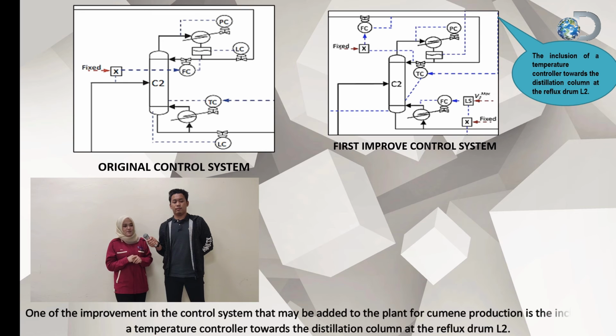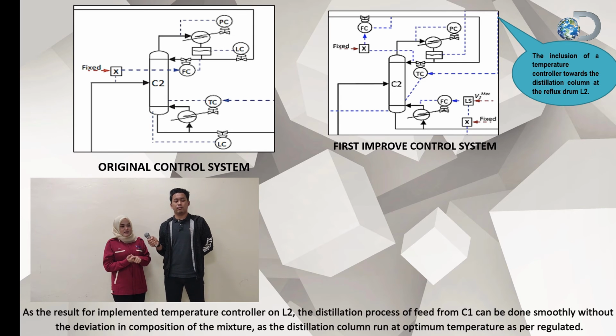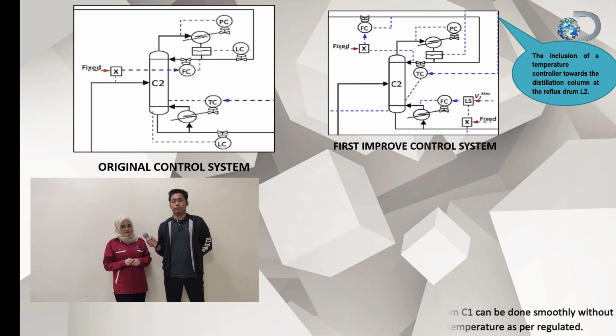So one of the improvements in the control system that may be added to the plant for the Cumene production is the inclusion of temperature control tools on the distillation column and the reflux drum. As a result, with the temperature controller on L2, the distillation process of feed from C1 can be done smoothly without deviation in composition of the residue, as the distillation column runs at the optimum temperature as regulated.